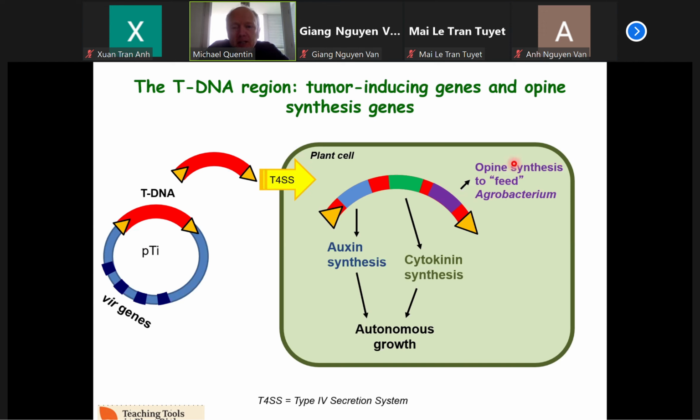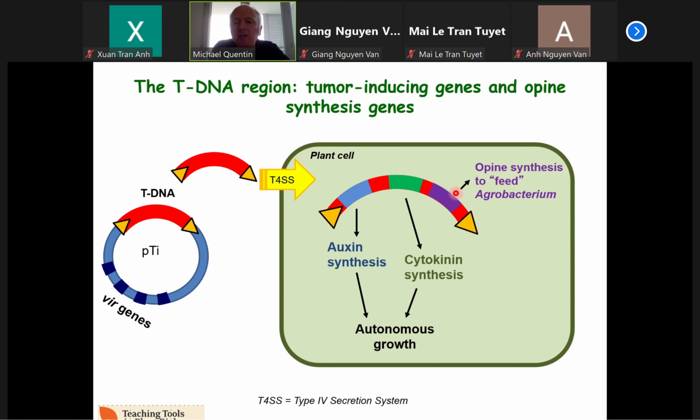The Ti plasmid was further analyzed in this function, and the properties of the region of the tDNA extracted from this Ti plasmid were described.